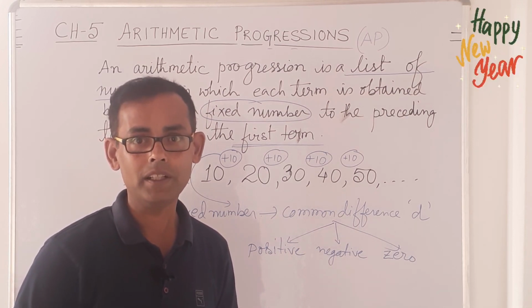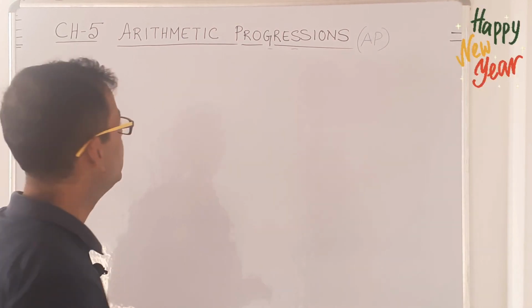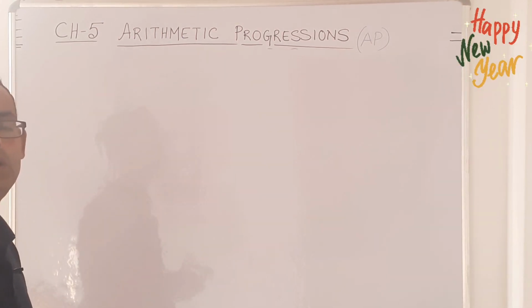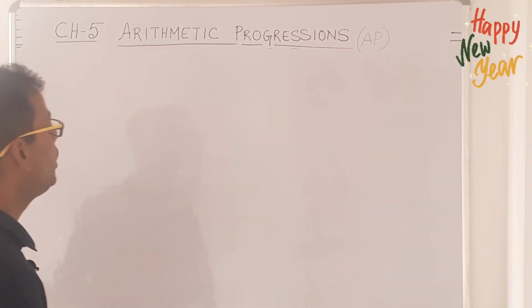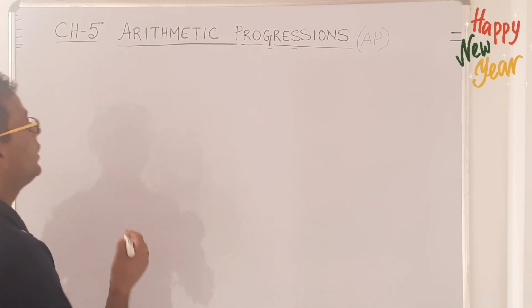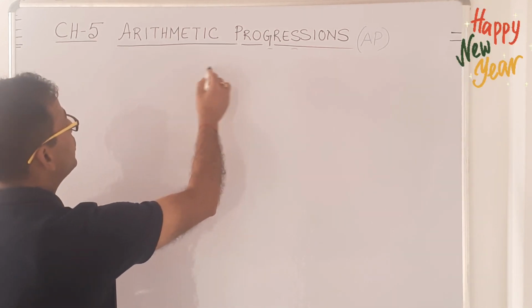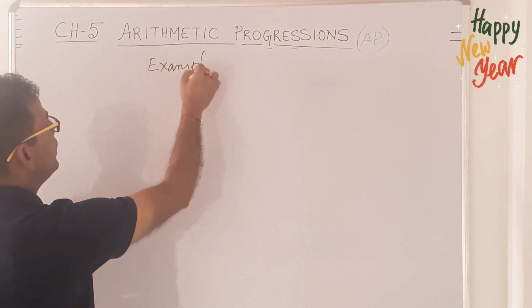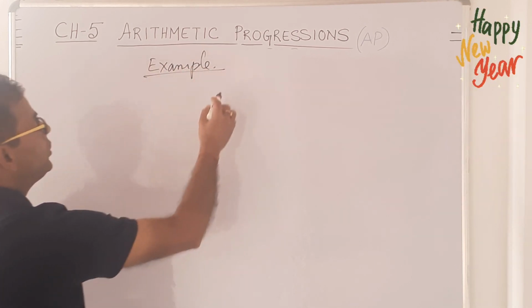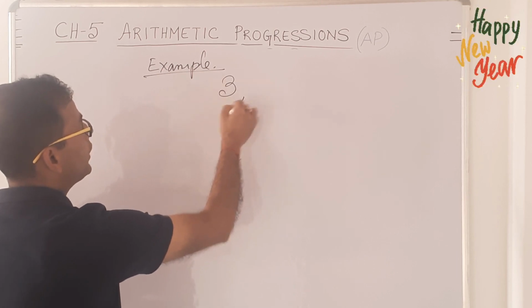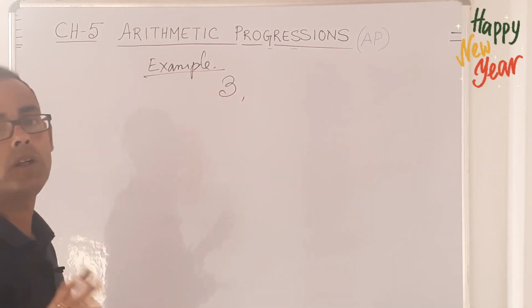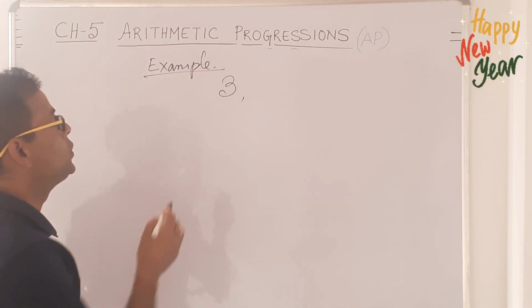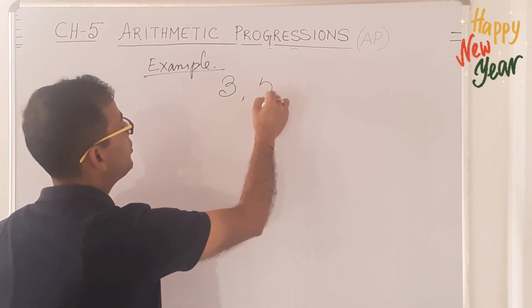Now after this, let us see one more example. Suppose I take one easy example: 3, and I am adding one fixed number, suppose plus 2. So 3 plus 2 will become 5.